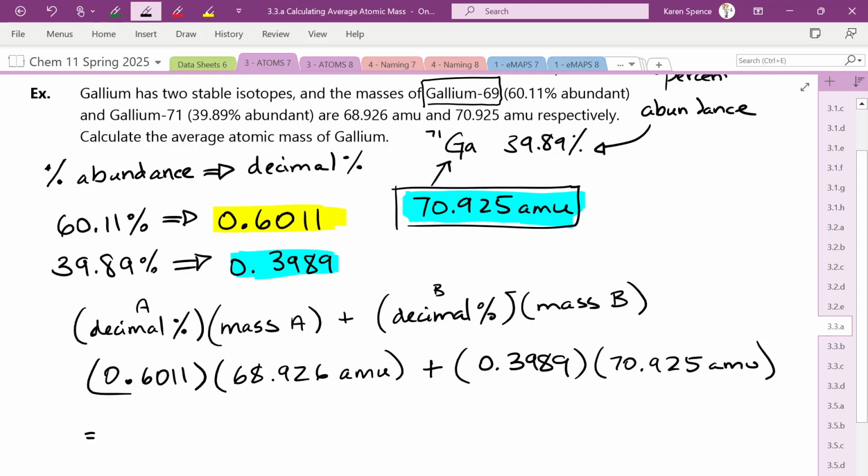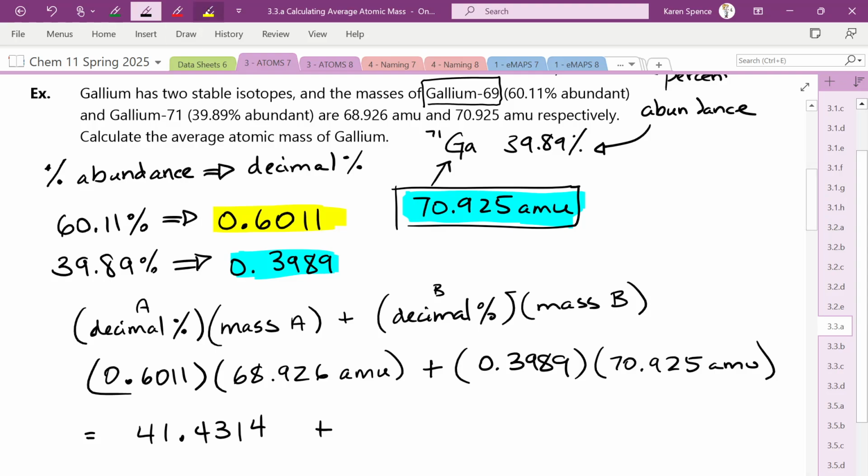And that equals, now you just throw it in your calculator. 0.6011 times 68.926 equals 41.4314. Why am I writing this out rather than just tossing the entire thing into my calculator? Sig figs.